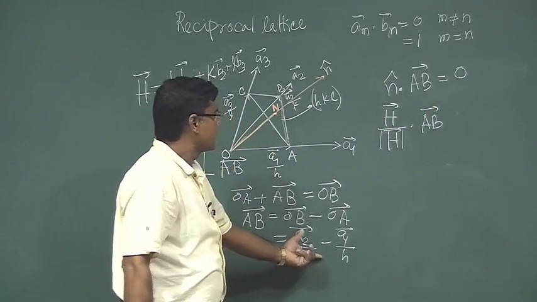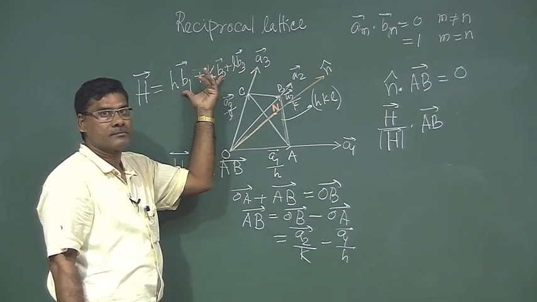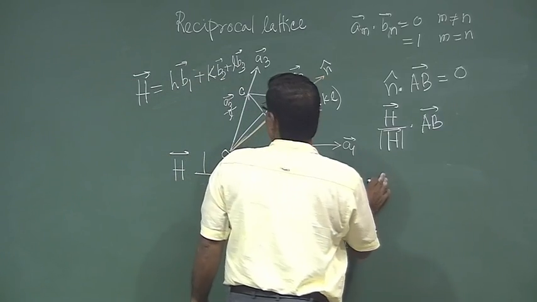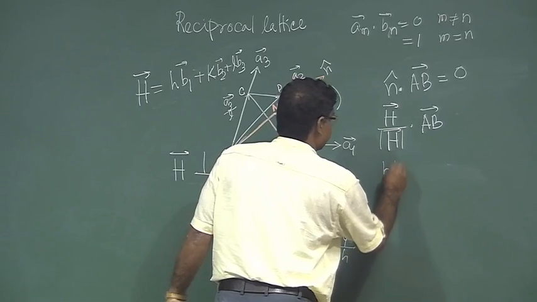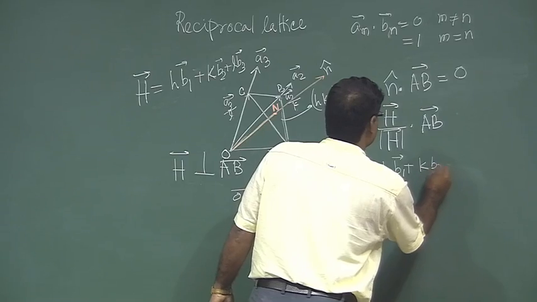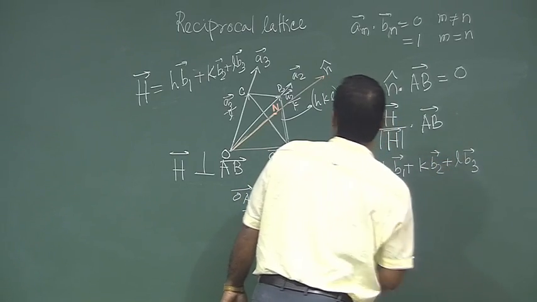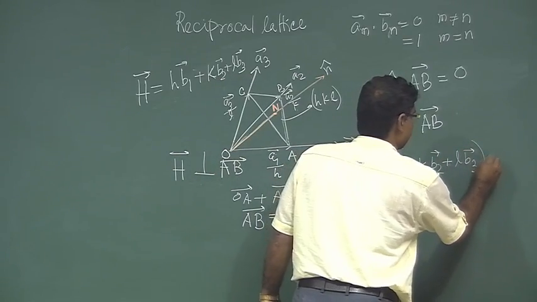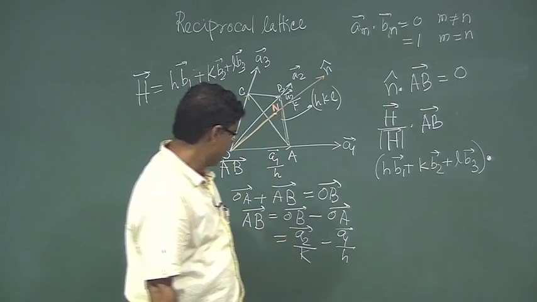And H, as we have taken, I can write as hB1 plus kB2 plus lB3, and then the dot product with AB. What is AB?